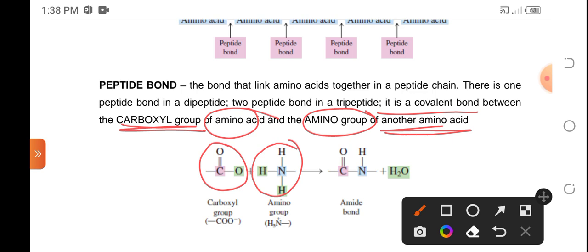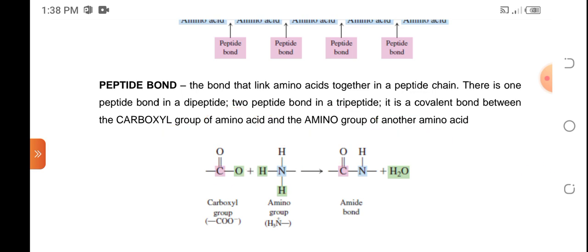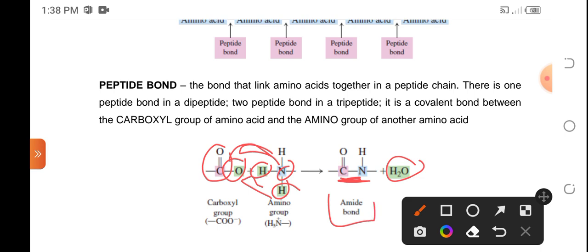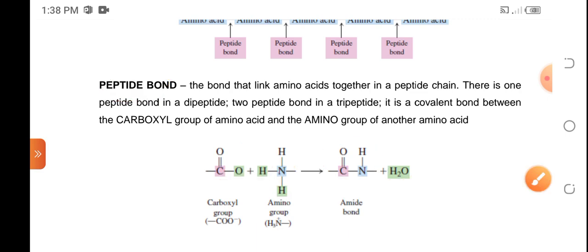So ang mechanism is this: the green oxygen coming from the carboxyl and the two hydrogen atoms coming from the amino group will interact together to form the side product water, and the remaining parts will be connected to each other. So the carbonyl group from the carboxyl and the nitrogen will be connected such that we're going to have an amide bond. Okay, so always bear in mind the peptide bond is actually the amide bond.